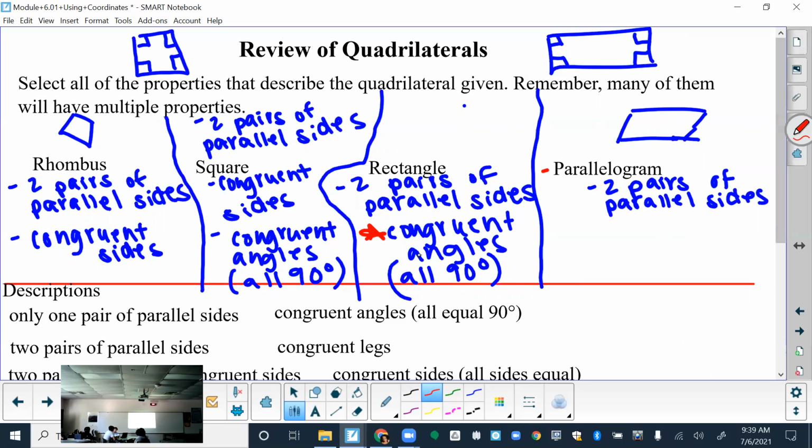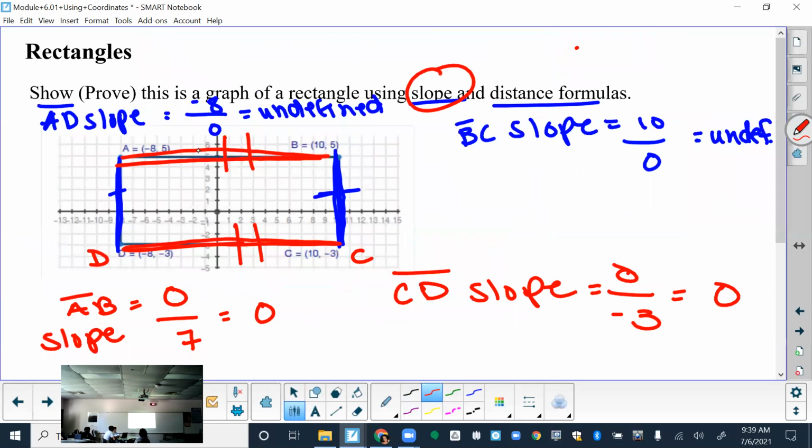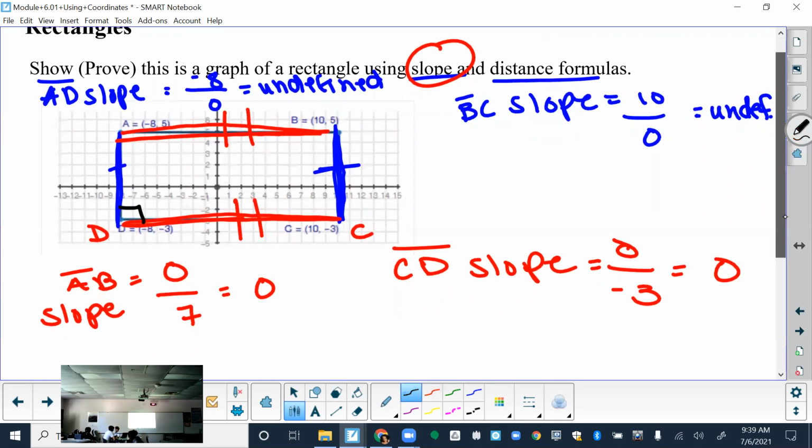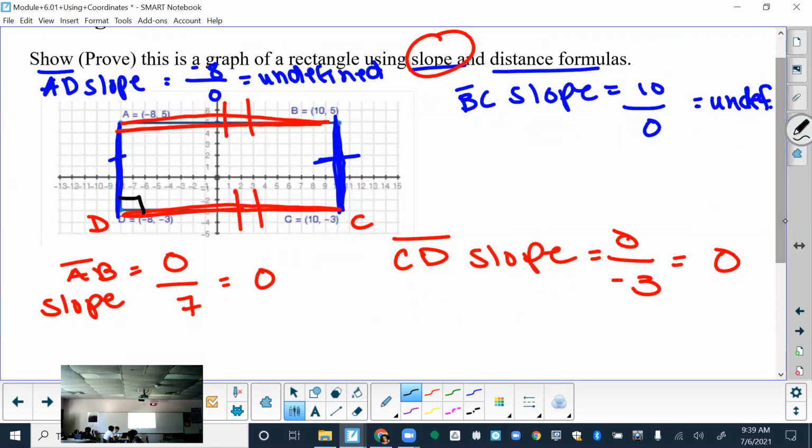So what formula, what theorem, whatever you want to call it, can I use to prove that these are perpendicular to each other? How do I know that there's a 90-degree angle here? Exactly, you can use the slopes, which we already found. The slope of AD we said is undefined.